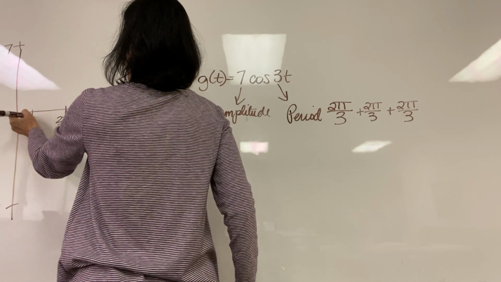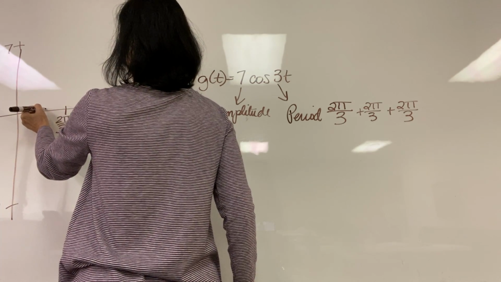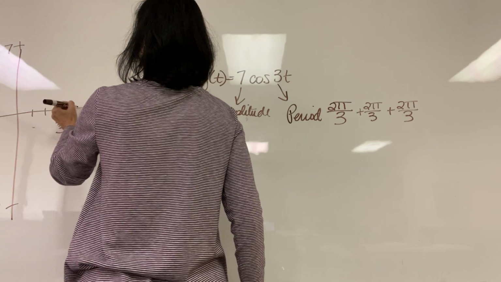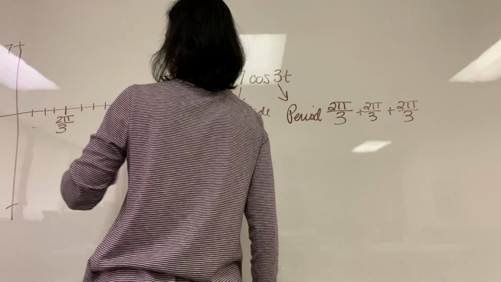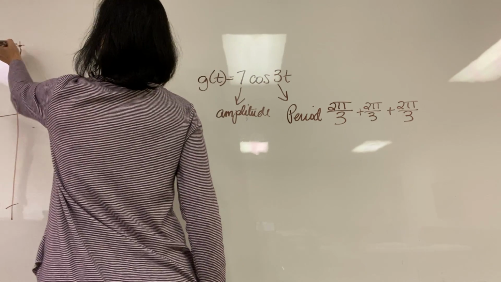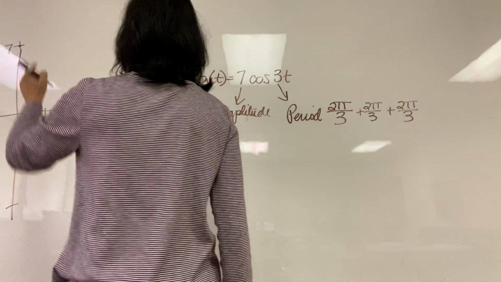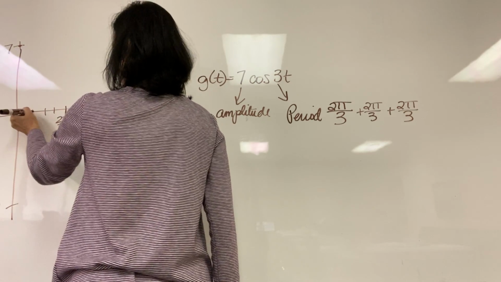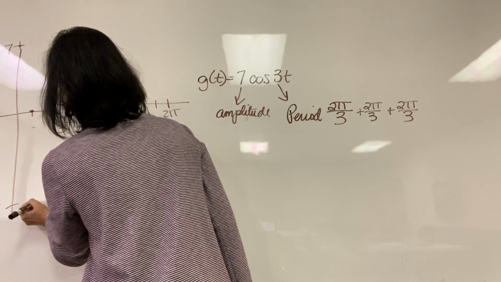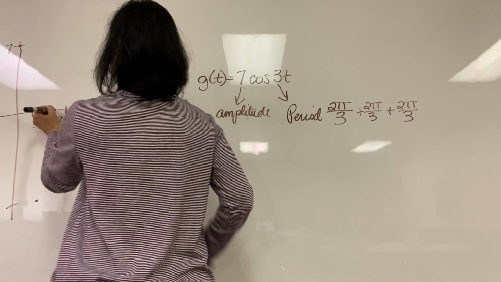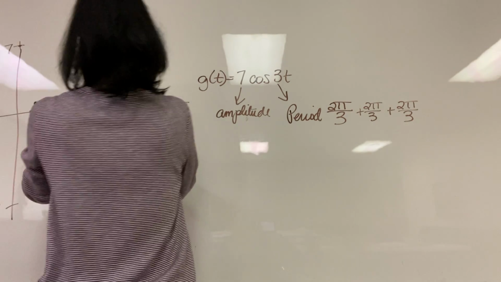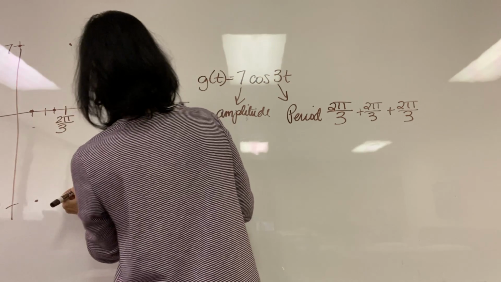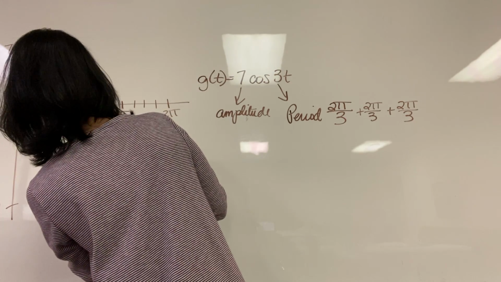But remember, between we have 3 marks. Because we start out with the cosine, we start at 7, we go to 0, we go to -7, we come back to 0, then we go back up to 7. Then we go back to 0. This is going to be hard to graph.